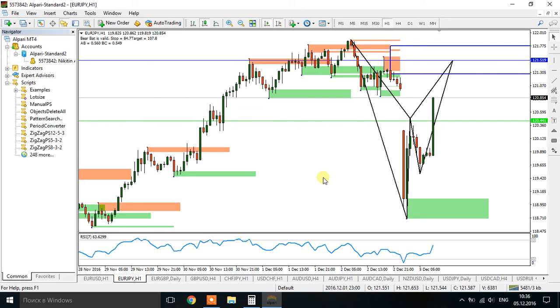So it is very good evidence for this setup to work. The more evidence you have, the higher the technical score, the better the probability of success you have. Why does it work this way? Because you are trying to think like other traders. Some traders are trading RSI overbought, oversold.